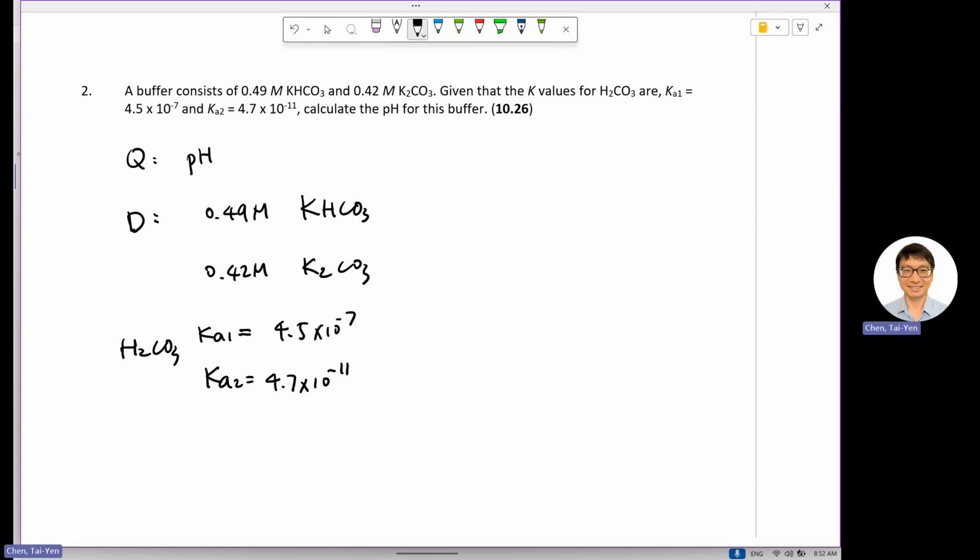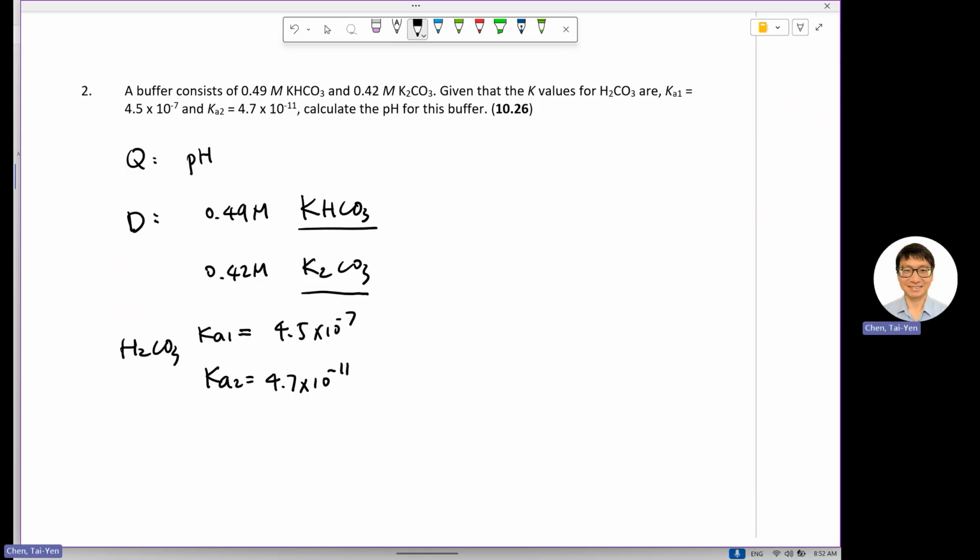So how do we handle this? The first thing is you need to know what conjugate acid-base pair you have inside your buffer. How do you figure that out? You look at the substances you have.